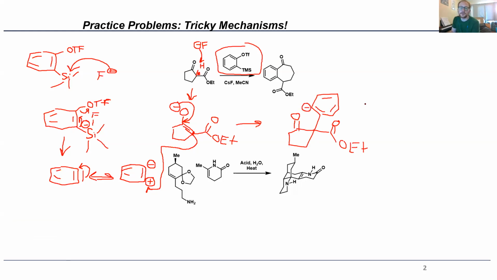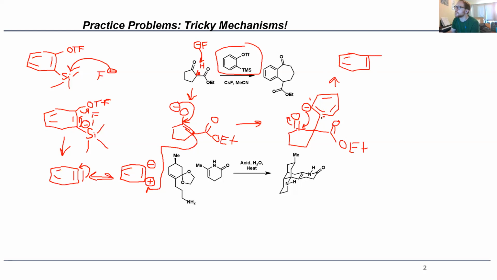Now this anion is very nucleophilic, and so it can attack an electrophile. Between the ketone and the ester, we'll recall that ketones are more electrophilic than esters, and so the nucleophile will attack the ketone. That will make a product that looks like so.